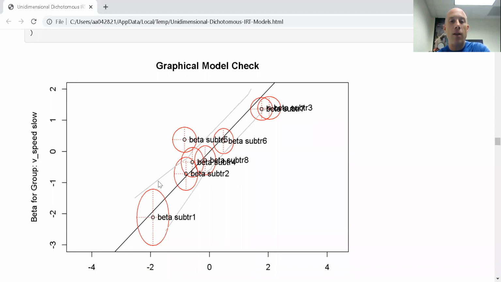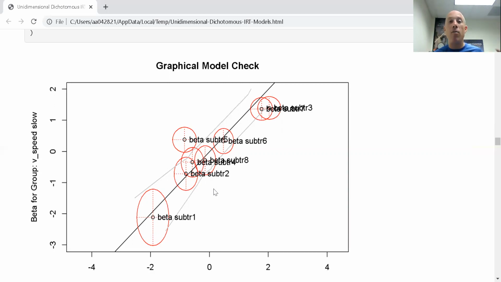I notice that things go along this horn shape, but number 5 is sticking out. It's completely outside of this confidence shape. So I suspect that there might be a problem with number 5.